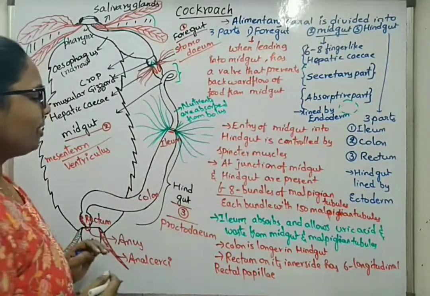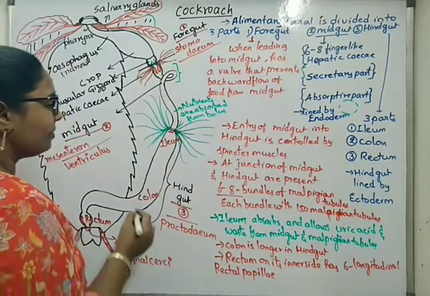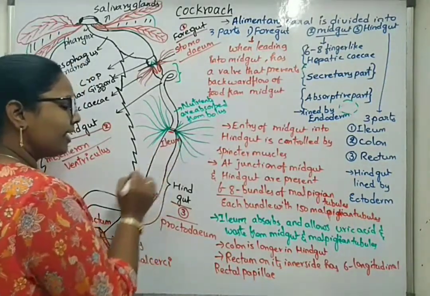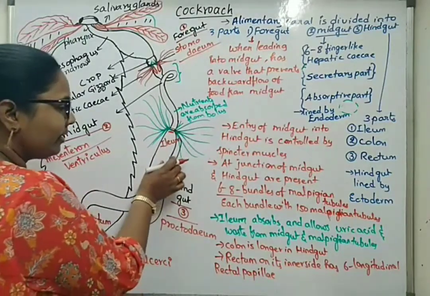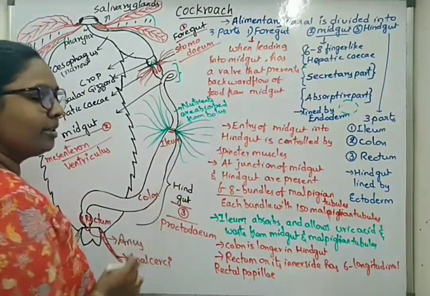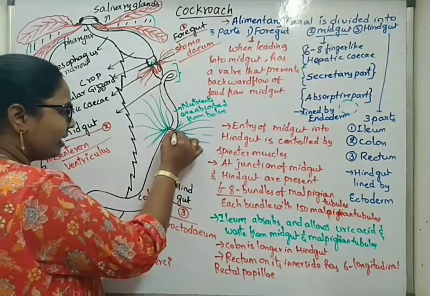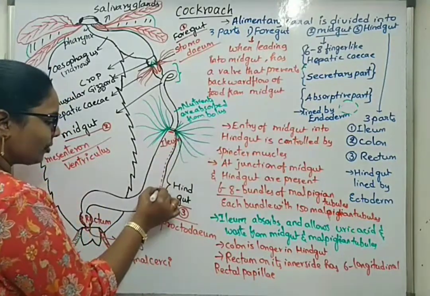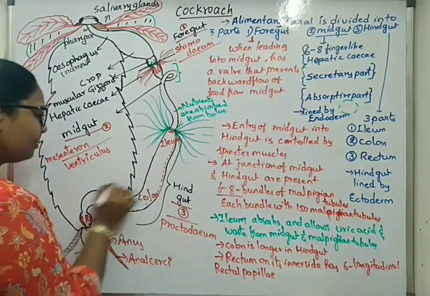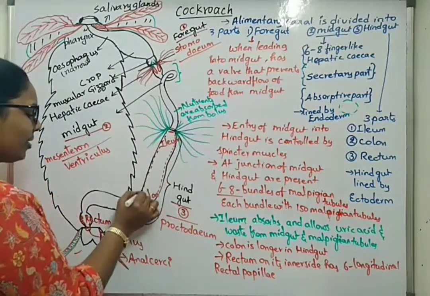So we will see some of the points. Here, we have said that the hindgut is made up of ectoderm, but internally the hindgut is lined by chitinous cuticle. These are some of the extra points.